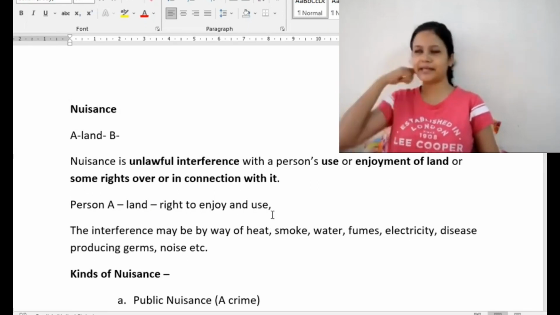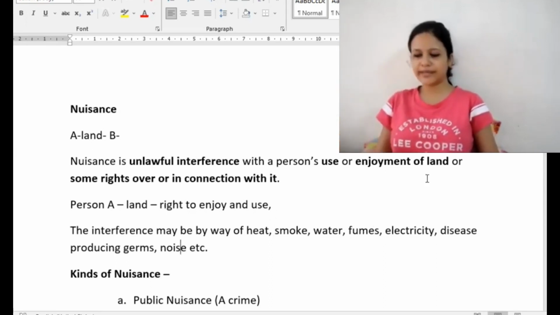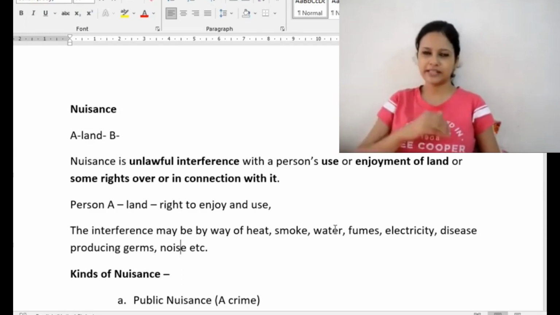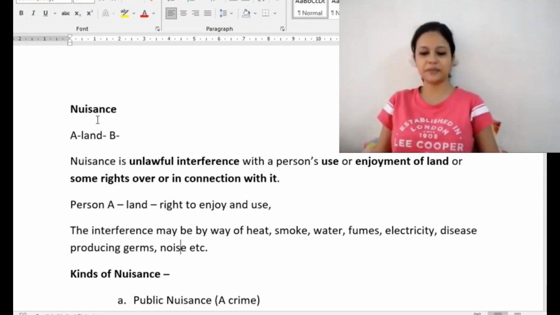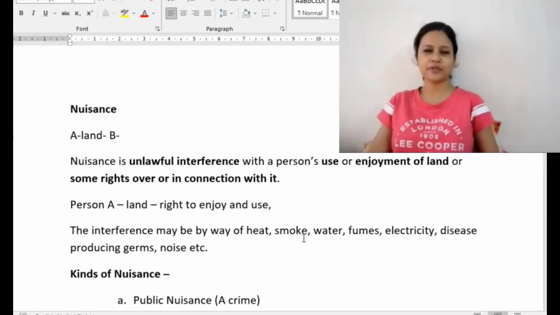If somebody is doing something at their premises and water is coming into our premises, that will be nuisance. If smoke is coming from my neighbor's premises every single day, continuously for 4 or 5 hours, that may also be considered nuisance. All this interference falls under nuisance because it is affecting my right to enjoy my plot of land.